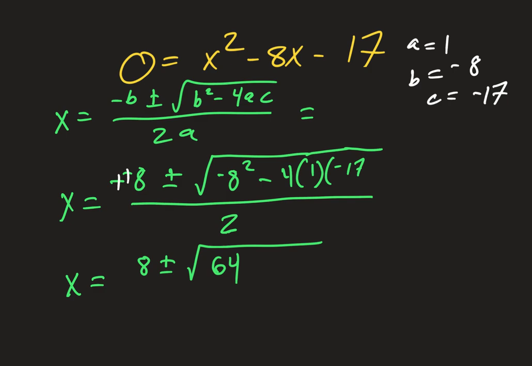So if you have a graphing calculator, you'd have to do negative 8 caret squared or hit the squared button. That'll give you 64. Inside here I have negative times a negative. Forgot my other parentheses. A negative times a negative, so that will be positive. And 4 times 17.